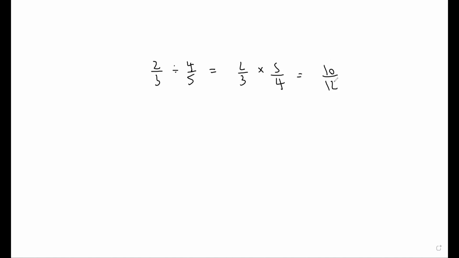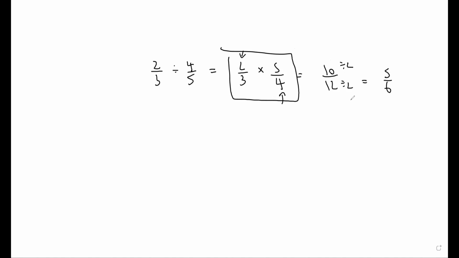You could actually see that at this point, because there's a factor of 2 right here and a factor of 2 right there. So even before you get the answer, if you understand factors, you can see that the answer won't be in lowest terms and you'll have to reduce it. You just take a 2 out of the final answer. Divide by 2, divide by 2. So you get 5 over 6.